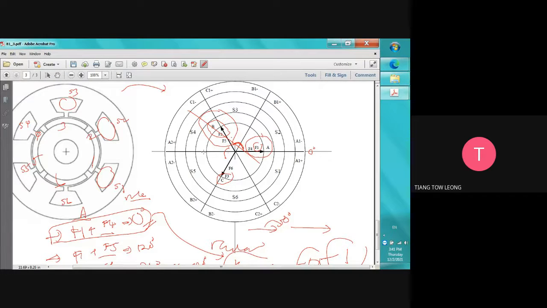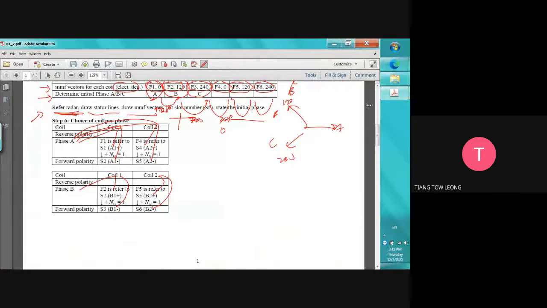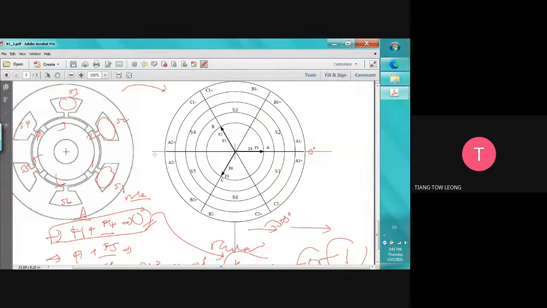Okay, so the first coil is from S1 to S2, with A1 plus, A1 minus. So where is S1? S1 here, S2 here. So A1 plus is here, A1 minus is here.